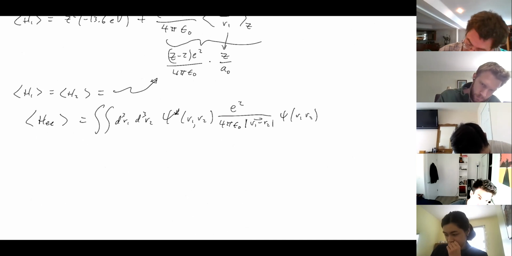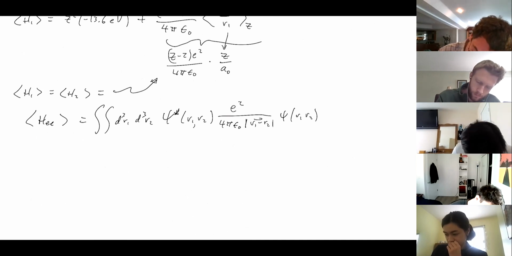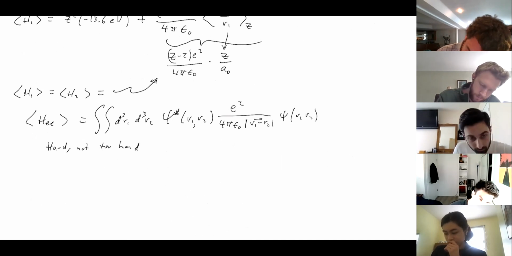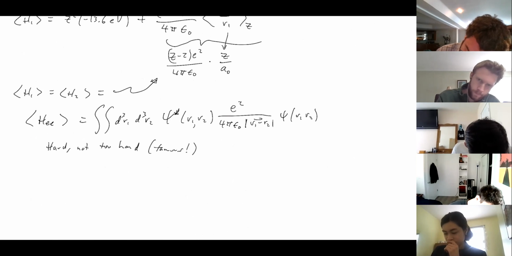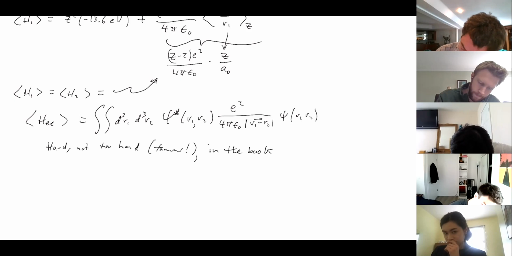Okay, so you've got to do this integral. This is a hard integral, but not too hard. It's a famous integral. It's in the book. And you can do it.